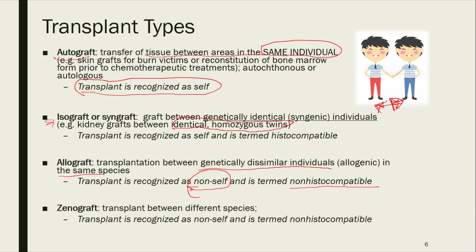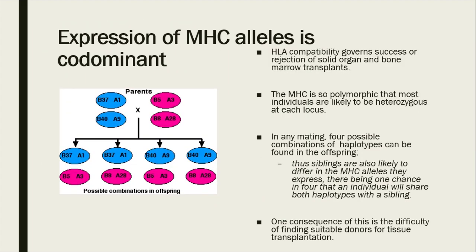And xenograft is not done in humans. We're not grafting anything from a different species into humans. The chances of rejection are even higher, so there's almost no way to graft that, at least with today's medical technology.